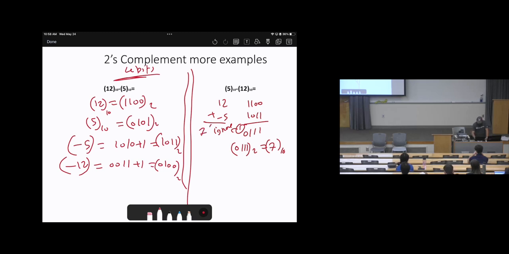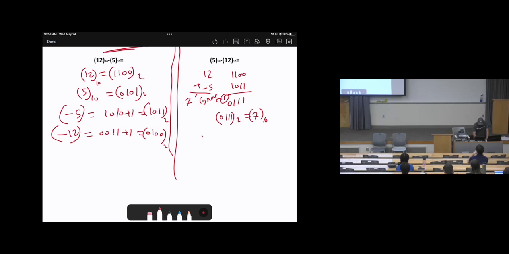Okay? How about the opposite? 5 minus 12. So 5 is equivalent to 0, 1, 0, 1. Negative 12, we found here, is 0, 1, 0, 0. So 5 minus 12 must be negative 7. So 1 plus 0, 1; 0 plus 0, 0; 1 plus 0, 1; 1 plus 1, 10, 0 carry out 1, then it will be 1, 0, 0, 1.